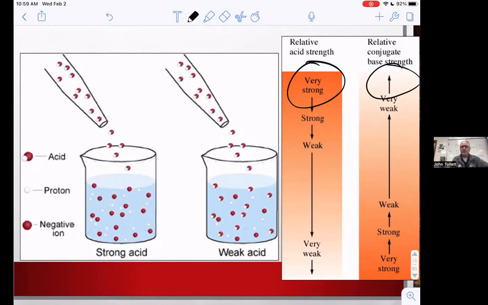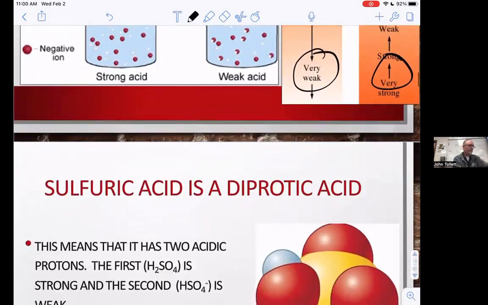They just produce conjugate bases that are incredibly weak. If you look at very weak acids, they actually have conjugate bases that shift back to the other side. So they're going to be relatively strong. That doesn't mean that their Kb values are extraordinarily high, or that it makes them a strong base necessarily. It just makes them a stronger base than water. And again, we'll discuss more of that later.